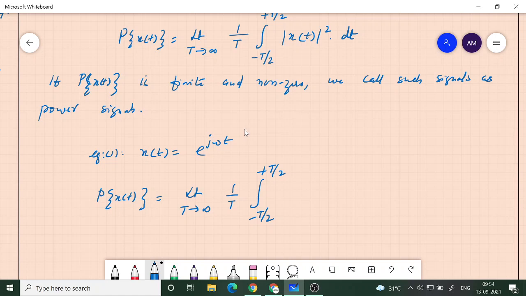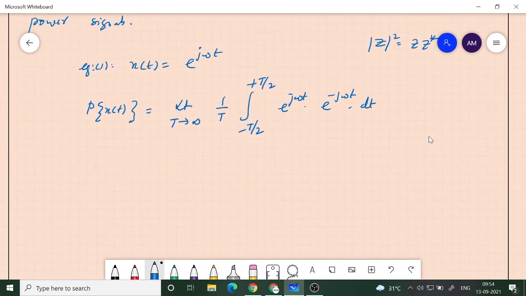For the modulus square, we use that modulus square is z into z star for a complex number. So we multiply e raised to j omega t with its complex conjugate. That gives e raised to 0, which is 1.